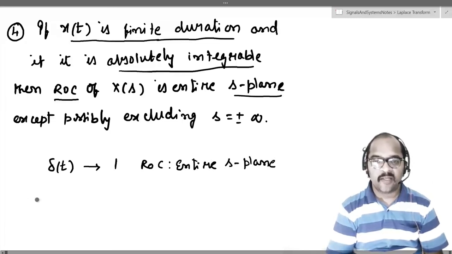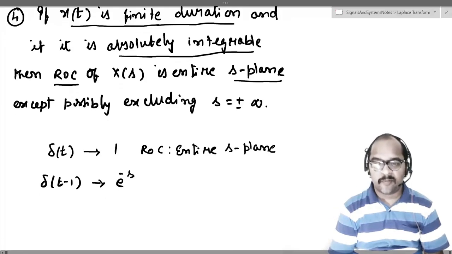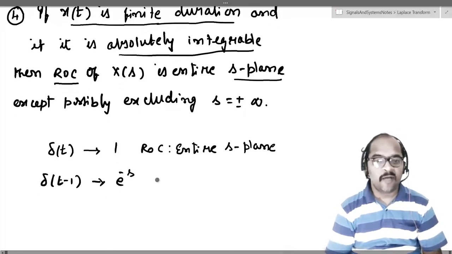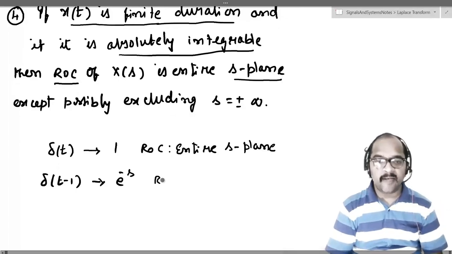Next, let's take another example, delta of t minus 1. This will have e power minus s as its Laplace transform. And when will this diverge? It will diverge at s equal to minus infinity. So what is the ROC?